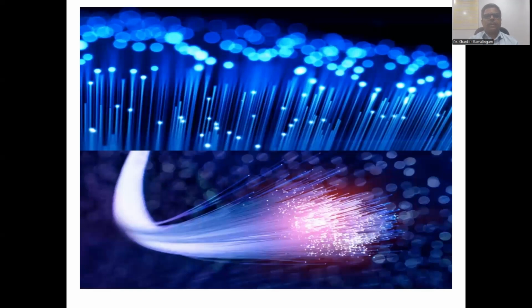Most of us may come across pictures like this. The one at the top and the one at the bottom may be seen as a front page of most of the optical fiber communication system books. So this indicates fibers.